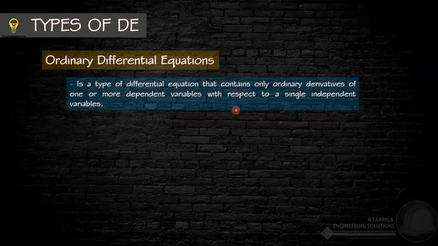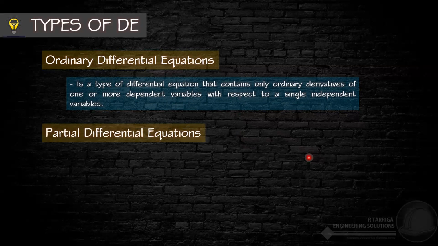That is ordinary differential equations, or ODE for short. The other one is the partial differential equation. If the ordinary differential equation is bound to have a single independent variable only, the partial differential equation has two or more.